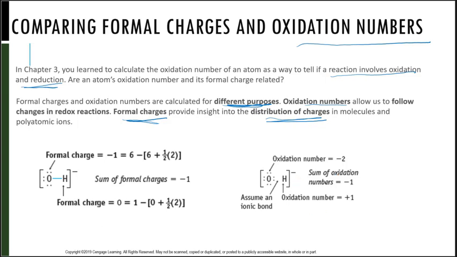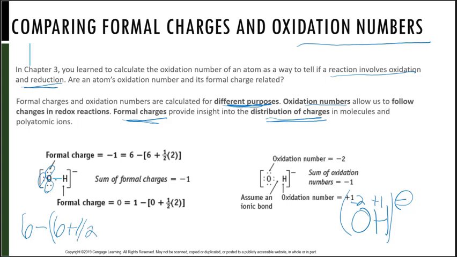For example, if I have hydroxide, OH-, and I wanted to find the oxidation numbers, remember our one rule is that O is always -2 and H is +1, which would make sense because our overall is a -1 charge. Those would be oxidation numbers. If I look at formal charges, I calculate them differently, and I would say oxygen has 6 valence electrons minus, there's 2, 4, 6 in lone pairs, plus half of, there's 2 in a bonded pair.